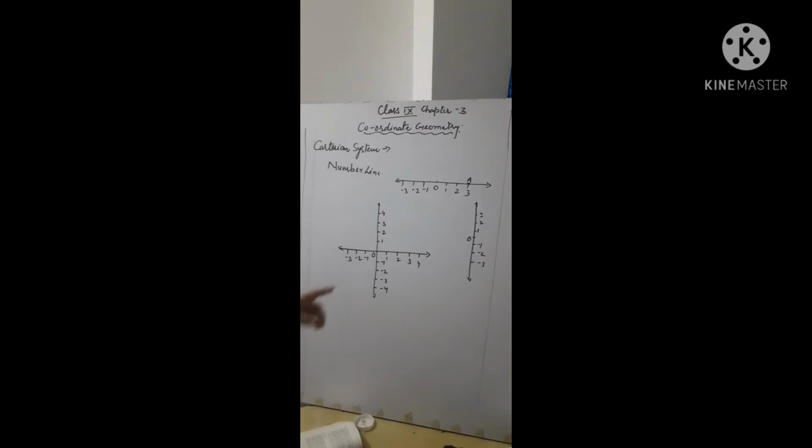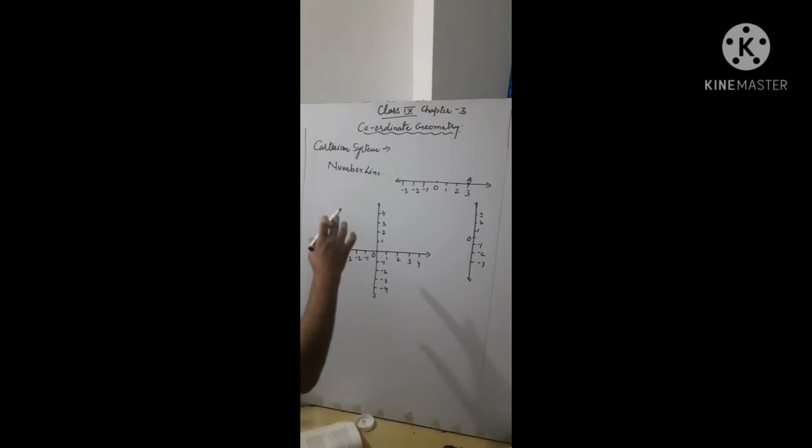Means the two number lines are perpendicular such that they intersect at 0, both perpendicular to each other.